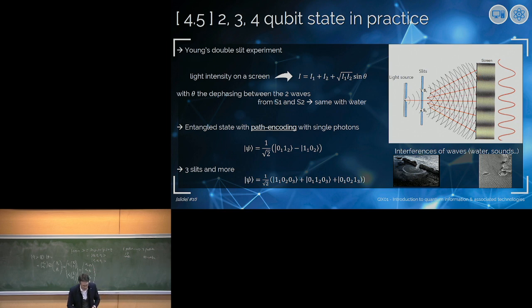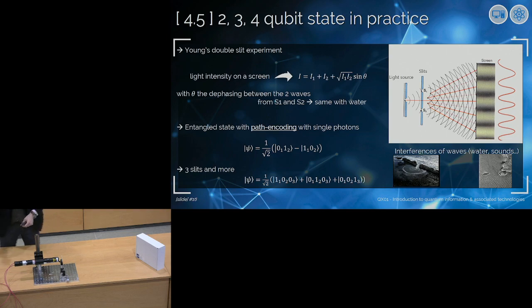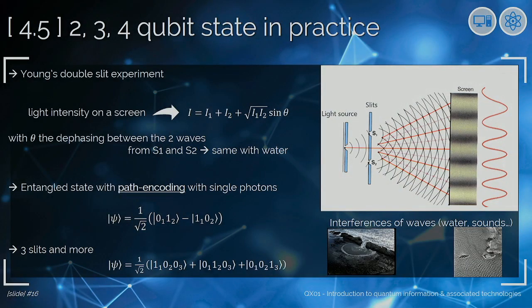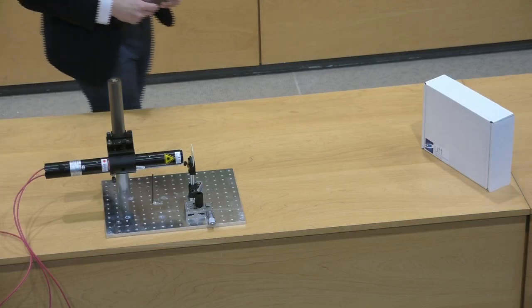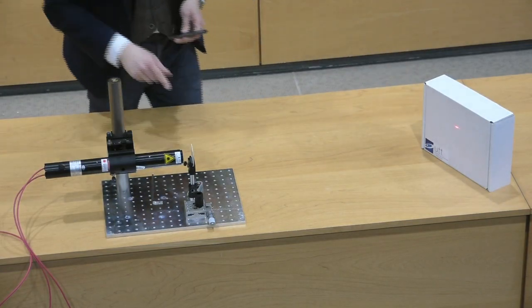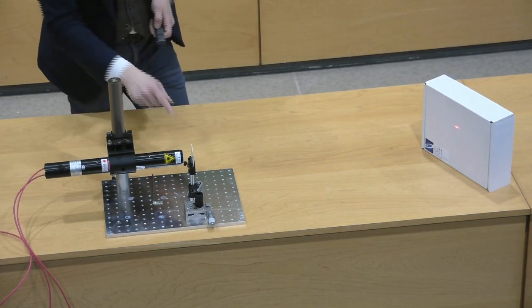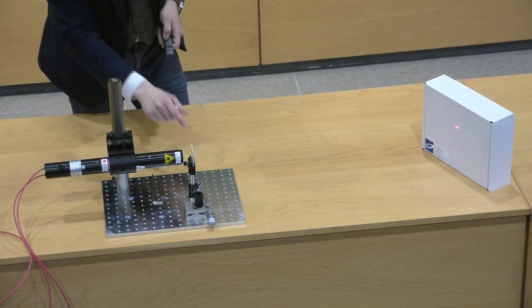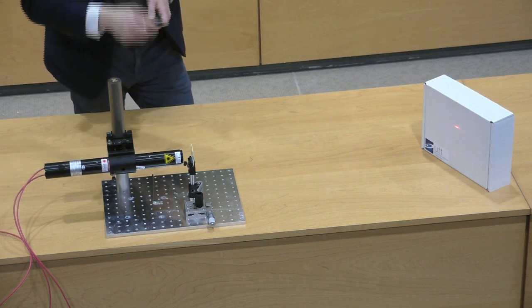So let me show you here. Maybe if we can zoom in, Luca, thank you. So I've got a laser here. I'm going to put it on. So here's my screen, and here I have a plate with two slits.